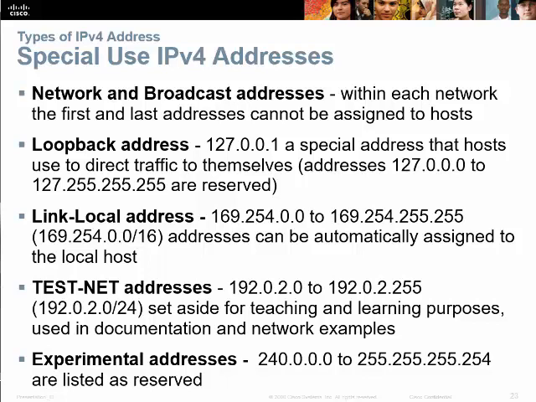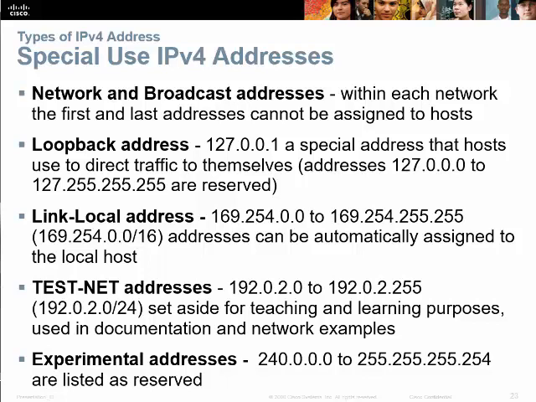Special use IPv4 addresses. We have one that is called network and broadcast addresses. Within each network, the first and last addresses cannot be assigned to hosts. We are coming back to this one later. We have what is called the loopback address. The loopback address is 127.0.0.1, localhost.